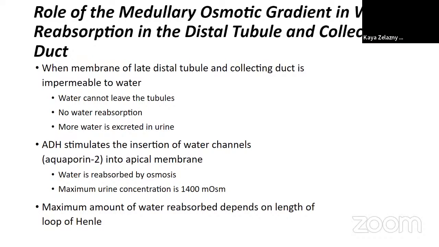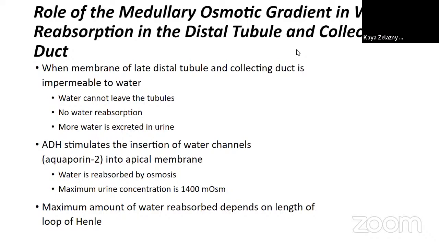So if we're not moving it into the blood, it stays right where it is, which means that more water is excreted in the urine when we don't have the ability to move water back into the blood, when we don't have these aquaporins. So when ADH is not present, you'll have more dilute urine and probably more urine because that fluid is just staying in the tubules and ultimately in the urine.